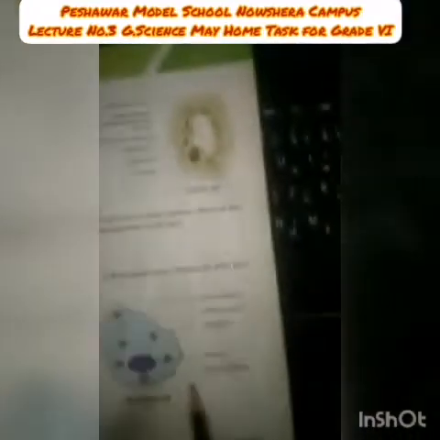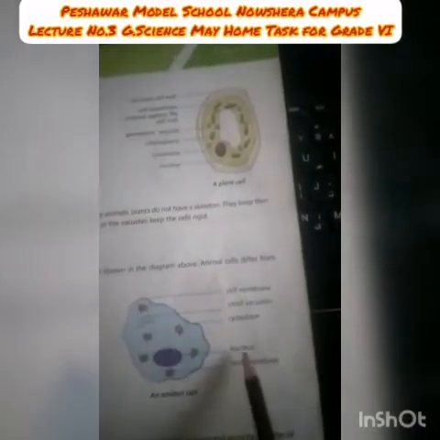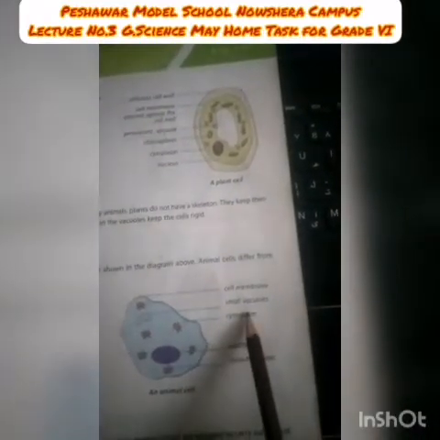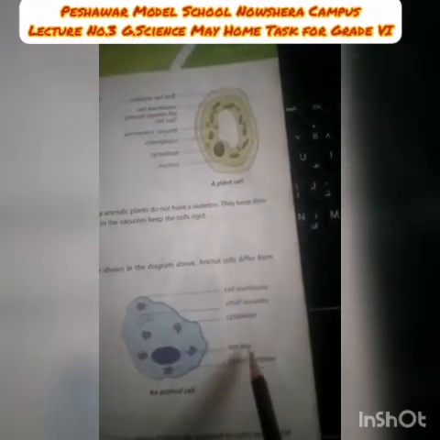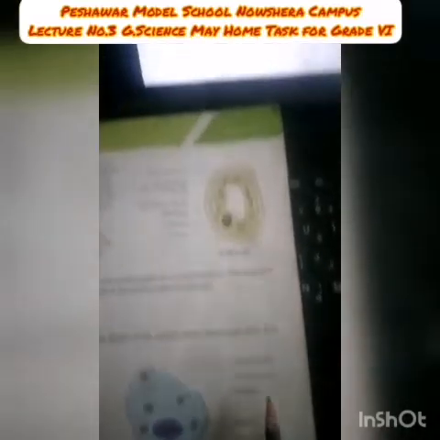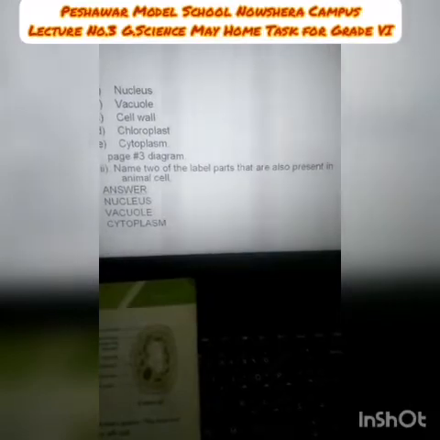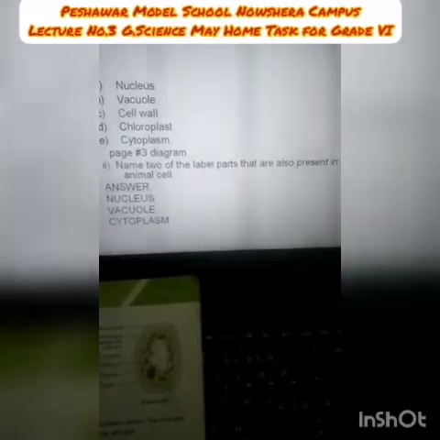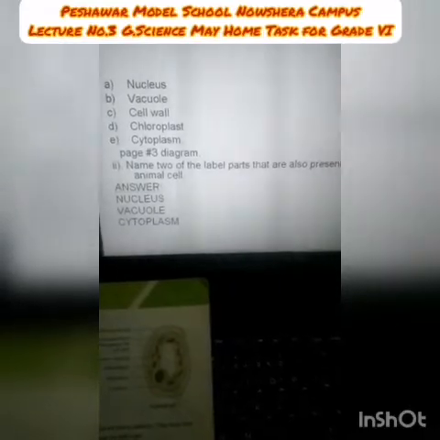In animal cells, on the same page, the nucleus is present, cytoplasm is present and vacuoles are present. So these are the 3 parts also present in animal cells. You can write nucleus, vacuole and cytoplasm.